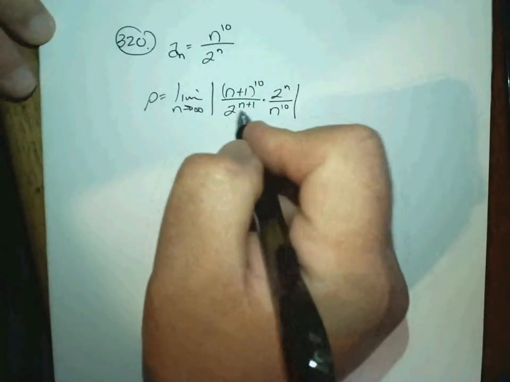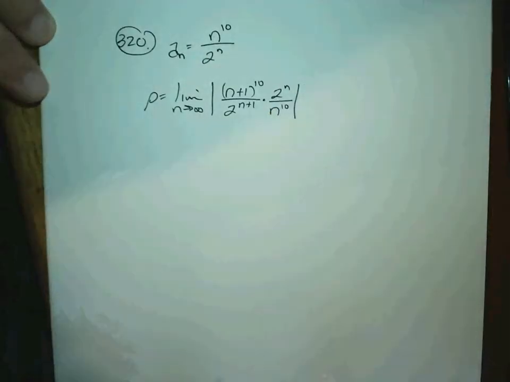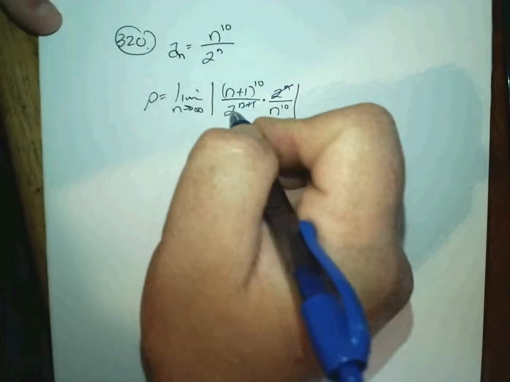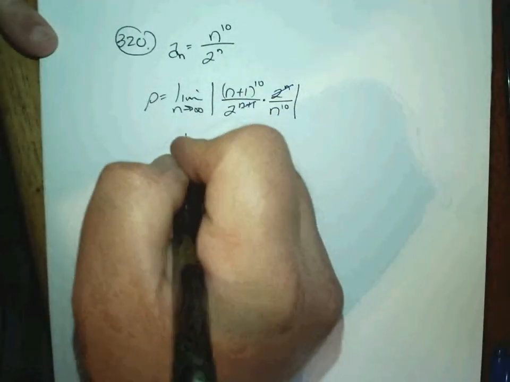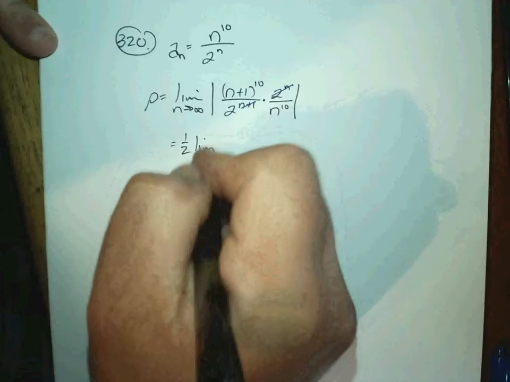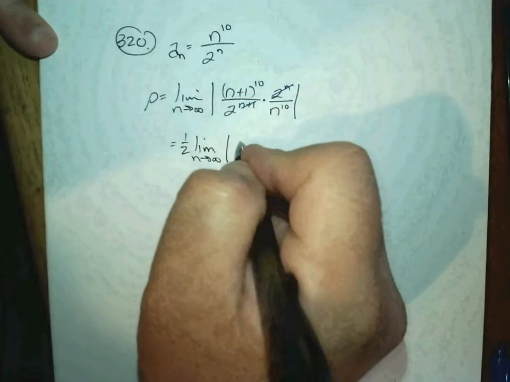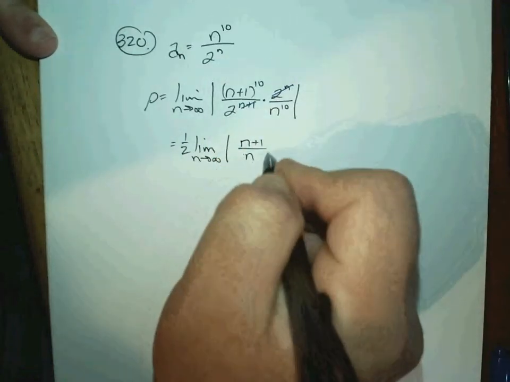Now, 2 to the n plus 1 is 2 to the n times 2. So you can think of the cancellation this way. The 2 to the n cancels, leaving just a 2. That 2 can be pulled out. And so I'm taking the limit here of n plus 1 to the 10th over n to the 10th.